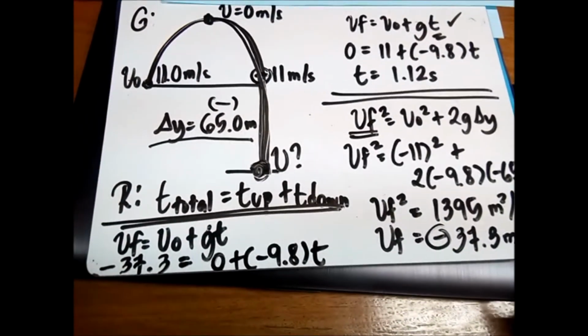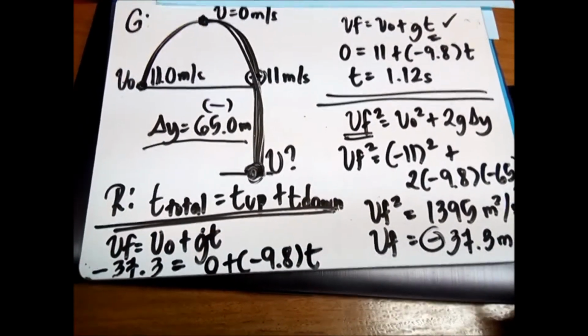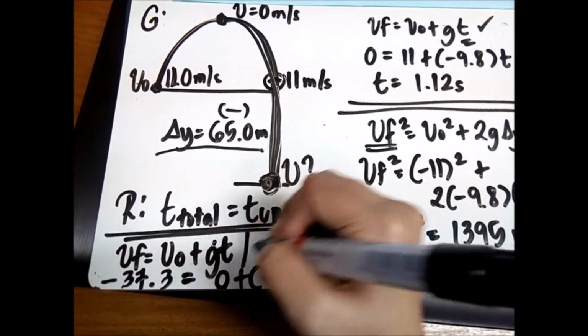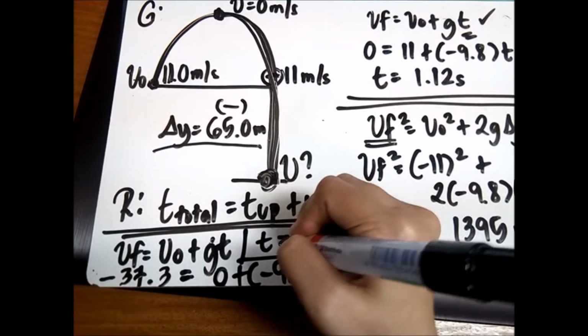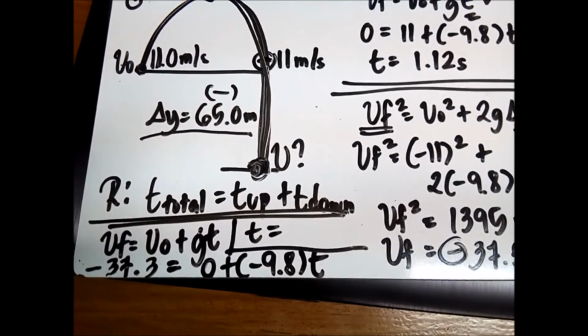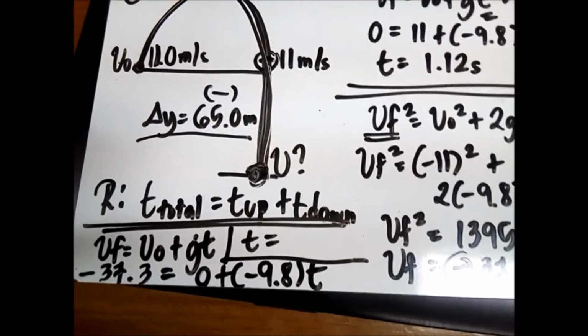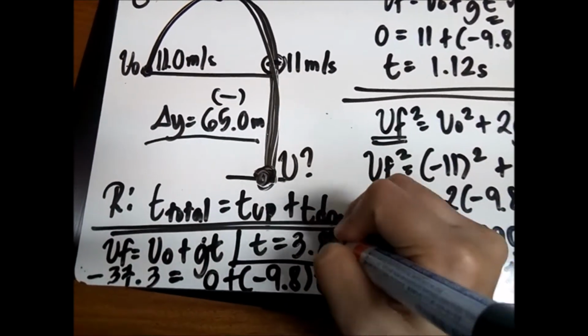Okay, so we can now compute for t. So t down is 3.81 seconds.